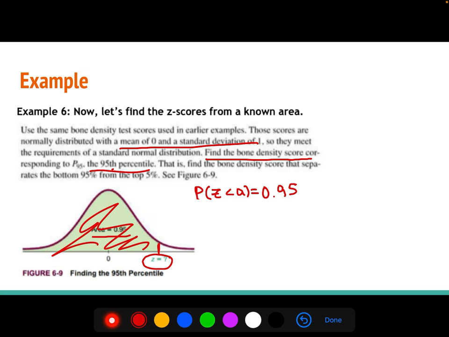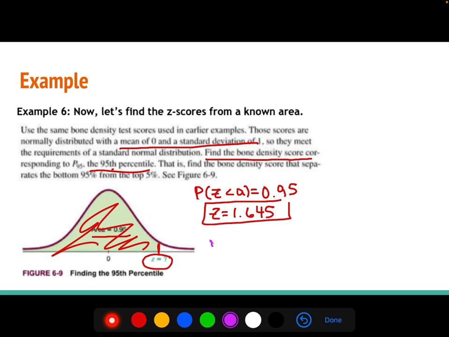So we're going to look in our table for 0.95 as an area, and we notice that it's halfway between 1.64 and 1.65. So z from our table is 1.645. So that's my z-score.